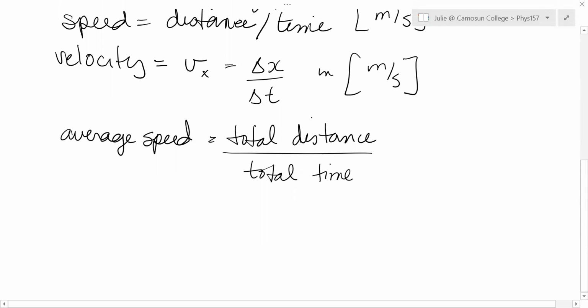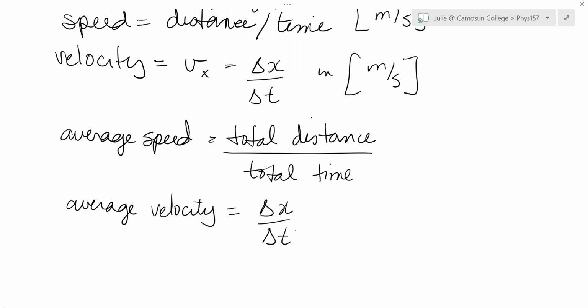So that's average speed, whereas average velocity, which could be a completely different number for the same trip, that is just the change in position over time. So the change in position is simply where you end up minus where you start. Whether you've gone back and forth is irrelevant, other than the time it takes to do the trip.